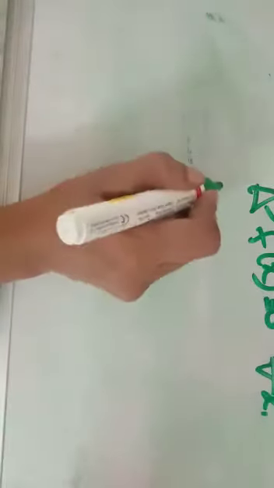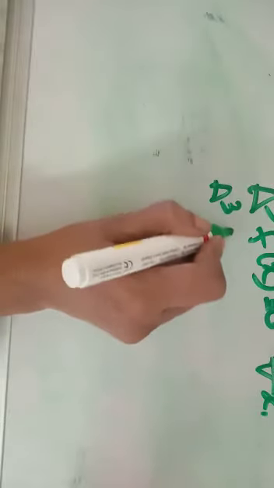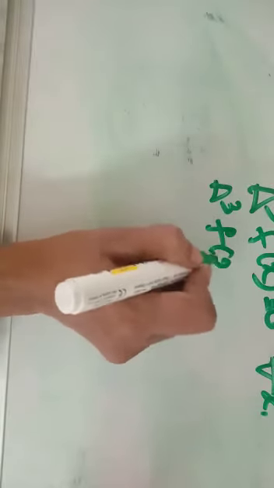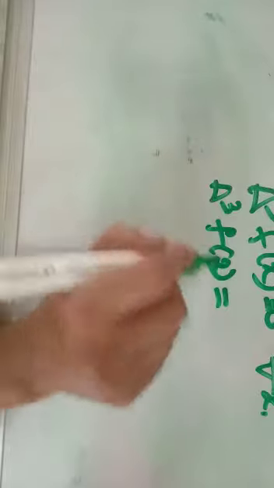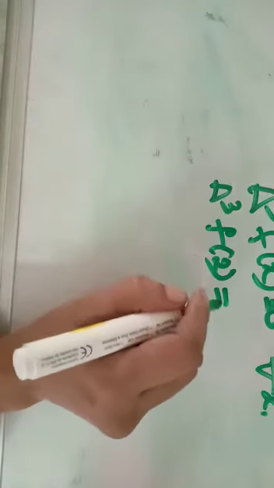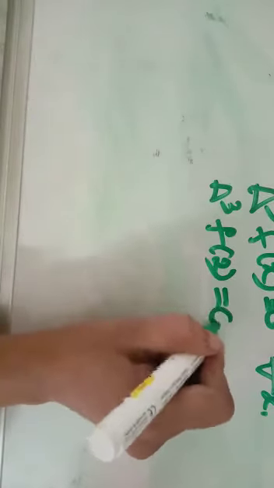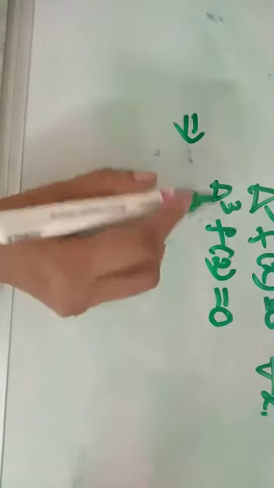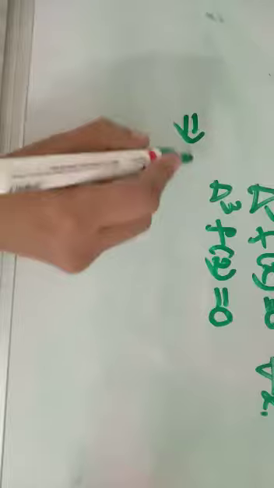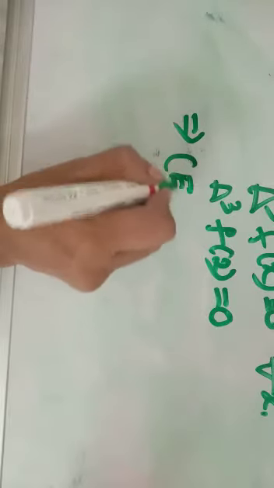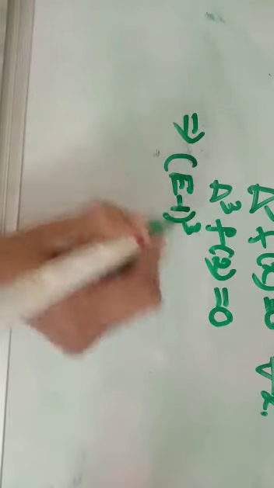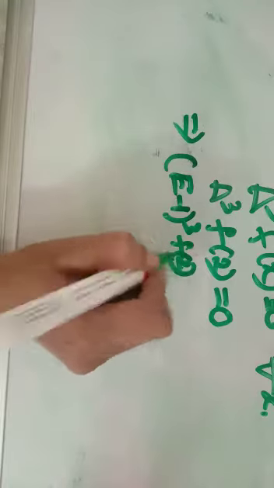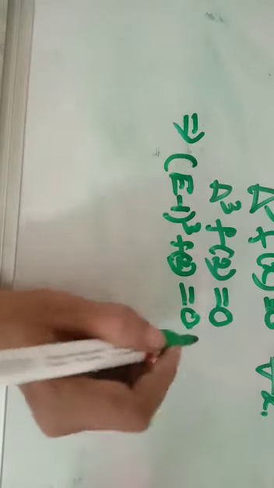In particular, del cube f(2), since our first value is 2, is equal to 0. Here we put in the place of delta (E minus 1) whole cube f(2) is equal to 0.